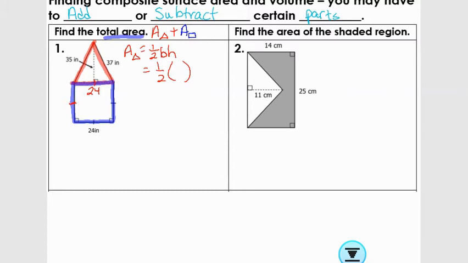So I know the base of that triangle is going to be 24, times the height of that triangle, which is actually given. Do you see it? There's that little arrow pointing to it. That 35 is the height of the triangle right here. So we'll drop in our 35. When I put that in my calculator, I get that the area of the triangle is 420 inches squared.